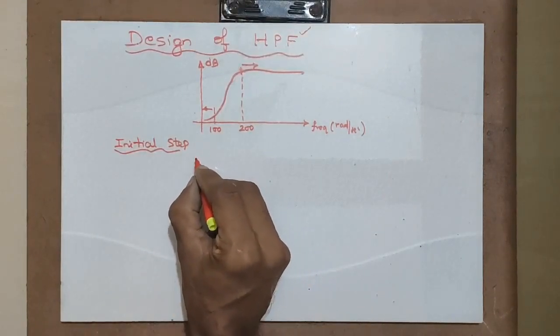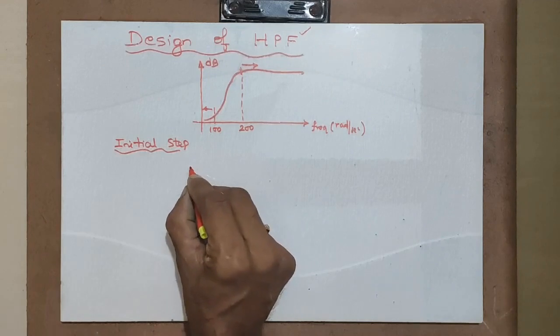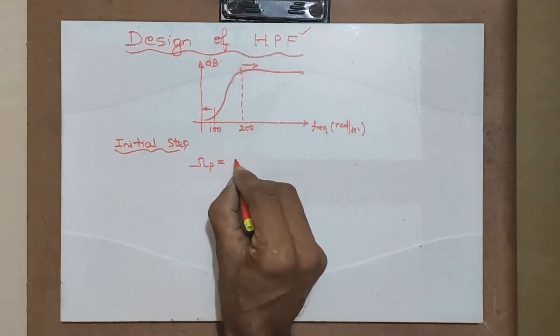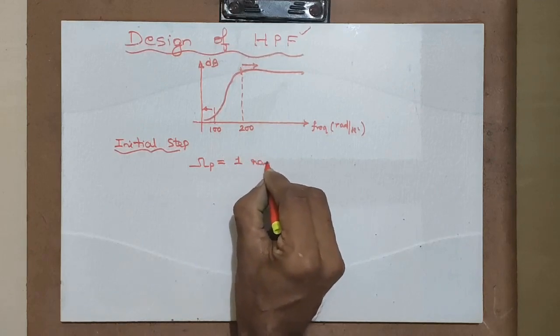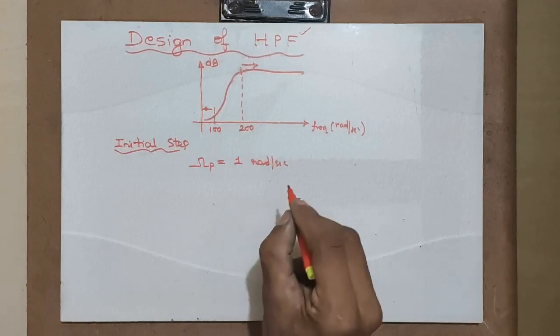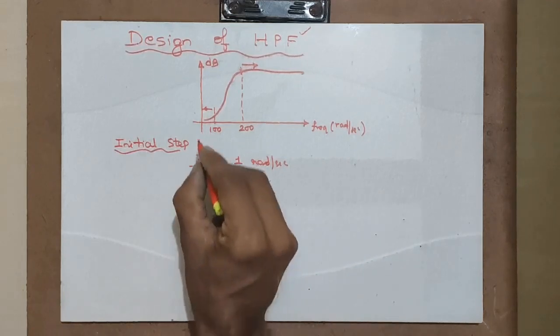I mean to say, I will start with normalized omega passband edge equal to 1 radians per second, and then I have to find the stop band.